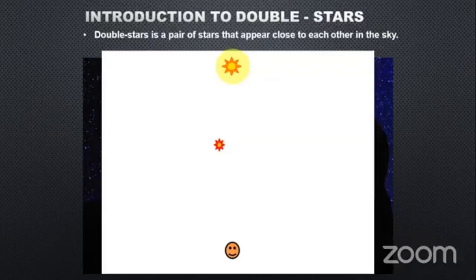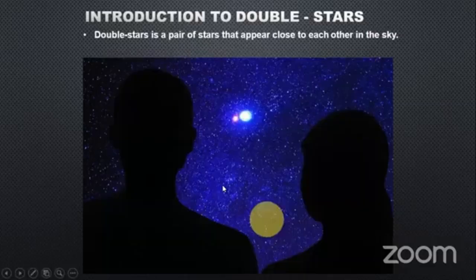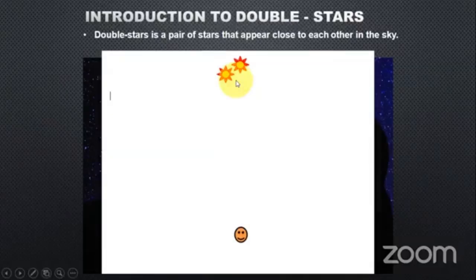So the light rays from this star are entering his eyes or telescope, and the light from this other star too, coming from the same part of the sky.